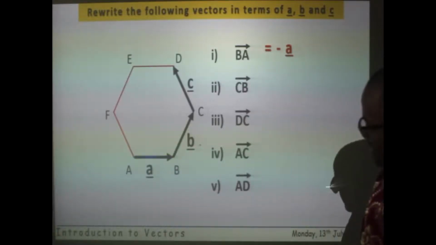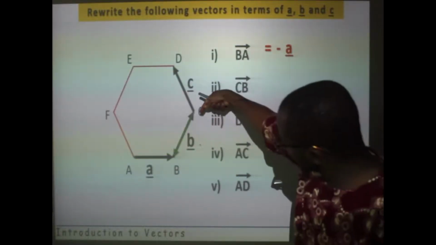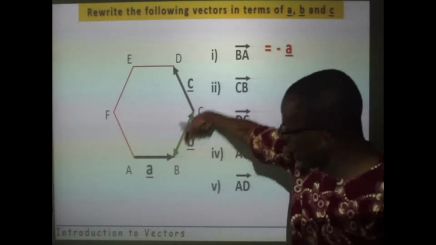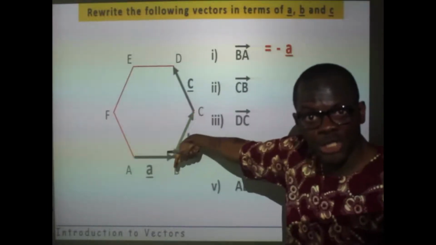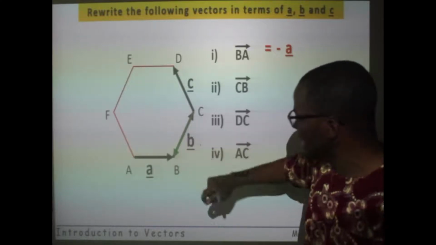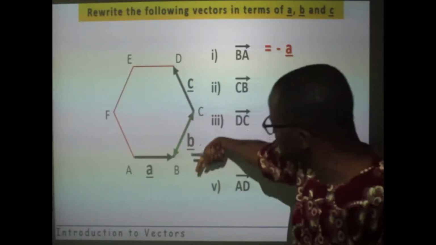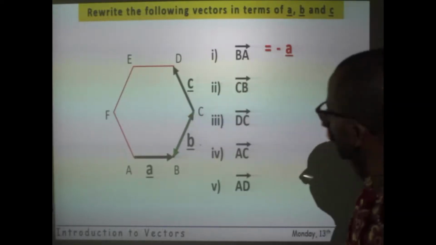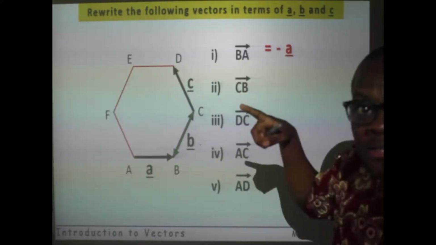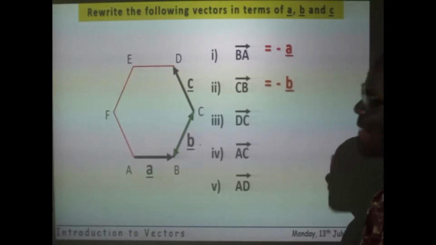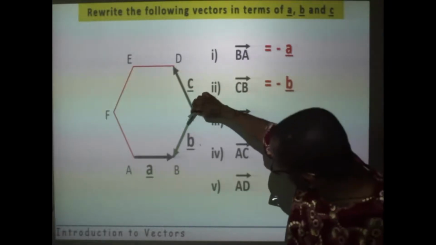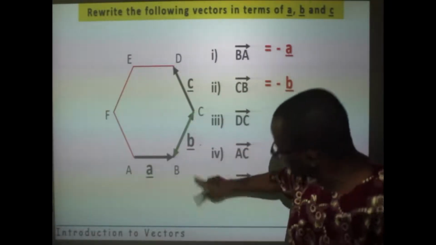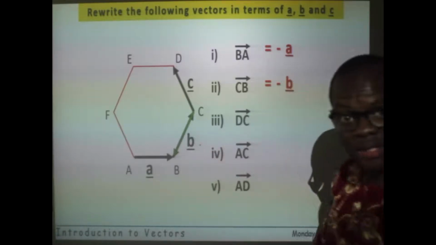The vector CB goes in the opposite direction as the vector BC. Therefore, the vector CB will be, can you guess, minus B. Exactly, because it's pointing in the opposite direction. CB is minus B. Okay, so far so good.